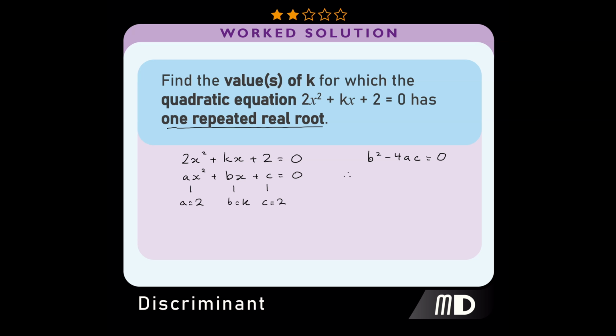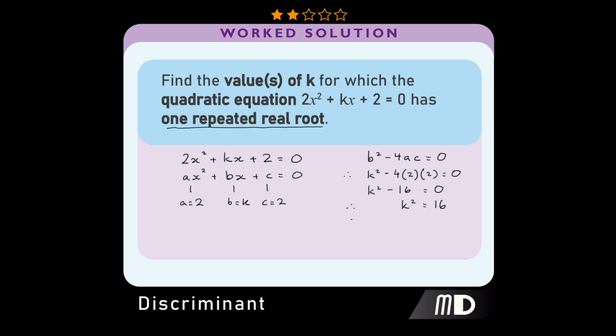Substituting our values of a, b, and c gives us k squared minus 4 multiplied by 2 multiplied by 2 equal to 0, which we can simplify to k squared minus 16 equal to 0 and k squared equal to 16.